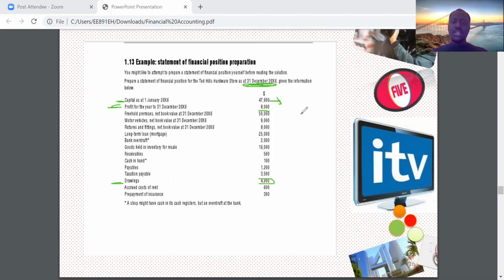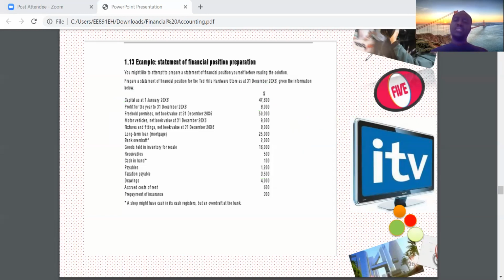Always remember this: the closing capital is equal to your opening capital plus your profits, which is P, minus your drawings, which is D. Always remember this formula. Closing capital is what? Your opening capital plus your profits minus your drawings.